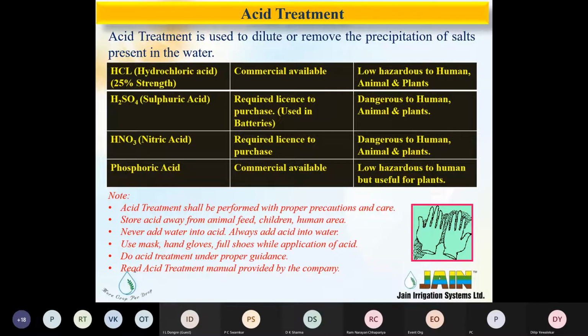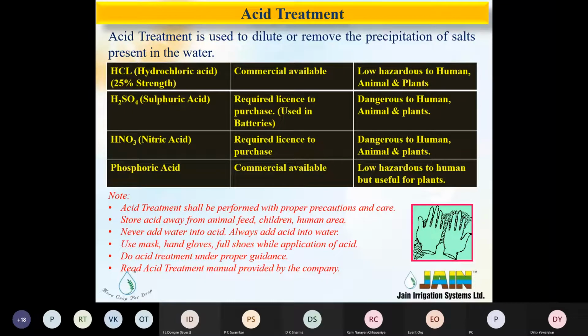H2SO4, sulfuric acid, can be used, but it requires a license to purchase. It is used in batteries, but sulfuric acid is dangerous for human, plant and animal. Then HNO3, nitric acid. This also requires a license and is also dangerous for human and plant. So we don't recommend using sulfuric acid and nitric acid.